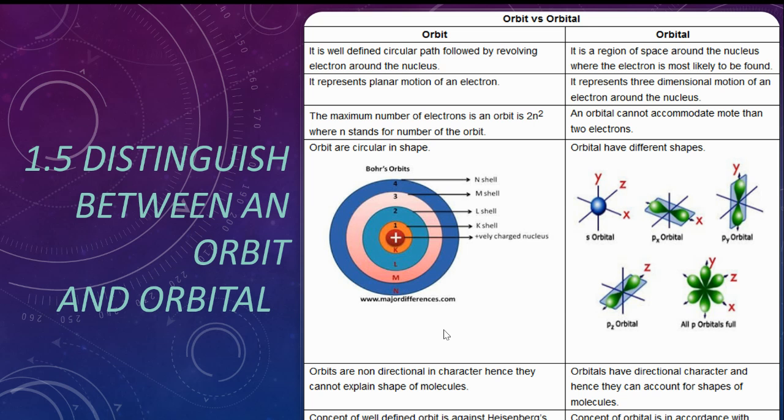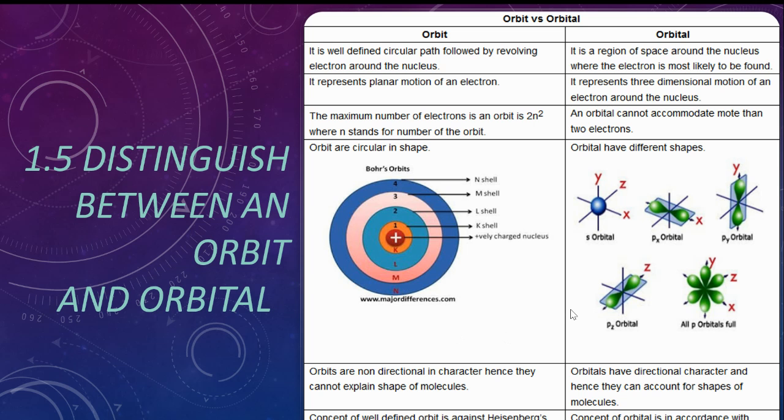In the second, s and p, that is 2 plus 6, total 8 electrons. In the third level, s, p, d, that is 2 plus 6 plus 10, total 18 electrons. And in the N shell, there are 4 subshells, s, p, d, and f, that means 2 plus 6 plus 10 plus 14, a total of 32. Okay.